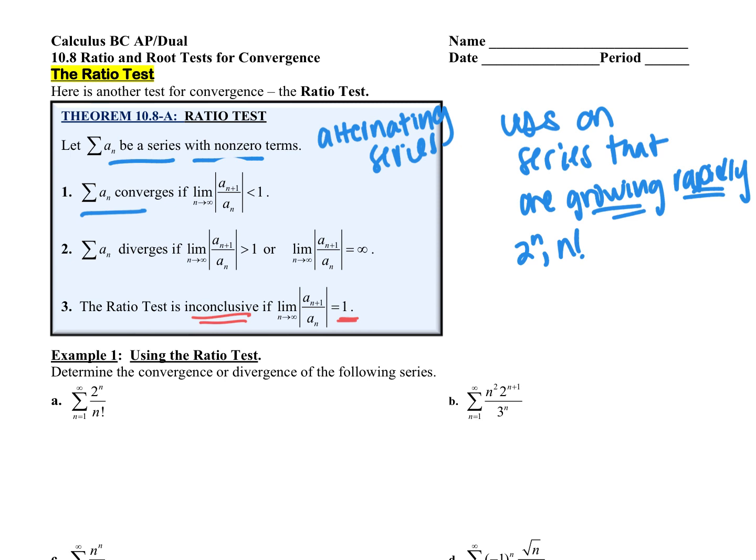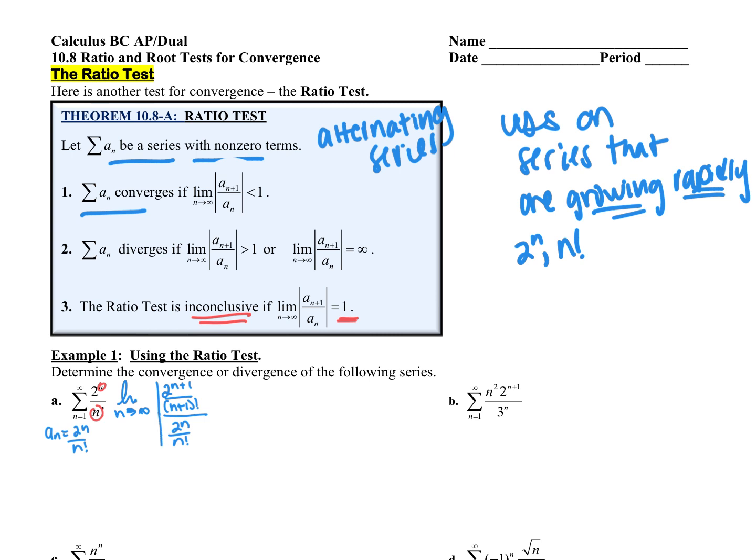So we're going to take the limit as n approaches infinity of the absolute value. Remember, a(n) here is just 2 to the n over n factorial. So we'll have a(n plus 1) in the top, so that'll be plugging in n plus 1 for n, and then divided by a(n).